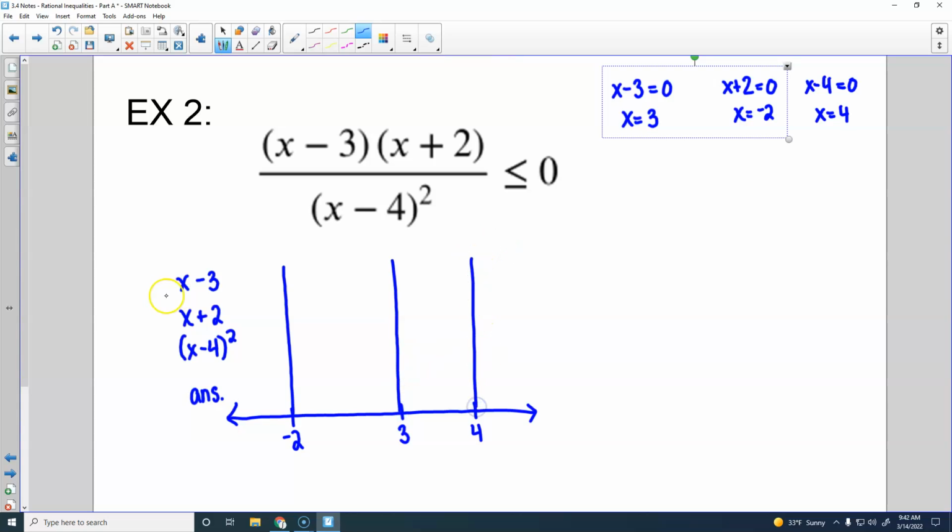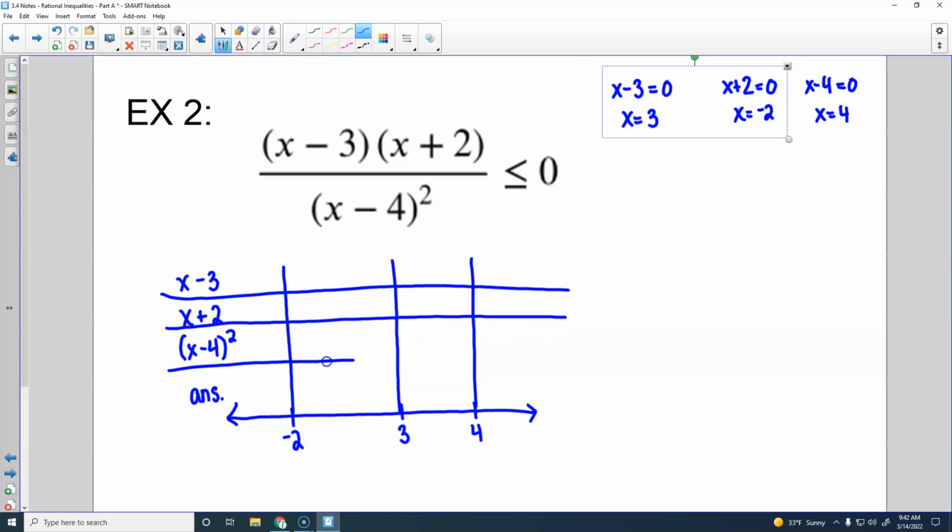So I'm going to draw the lines across like this. Okay, so I like to do this because it makes it a little bit quicker to plug in numbers here.